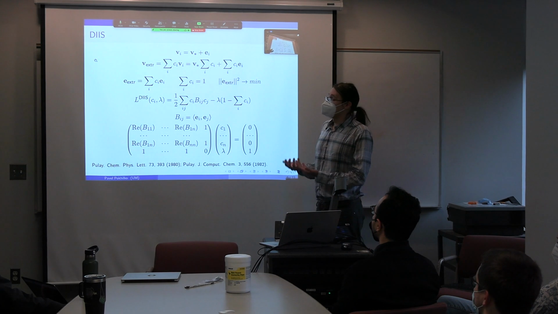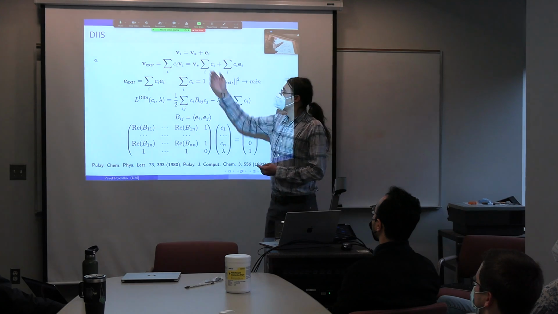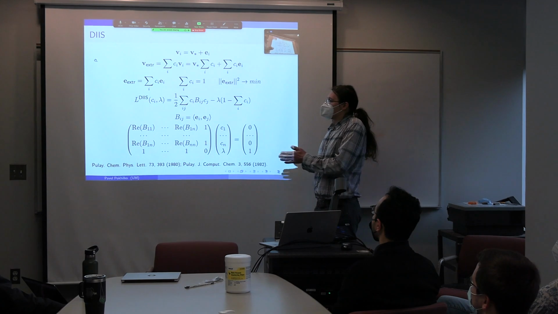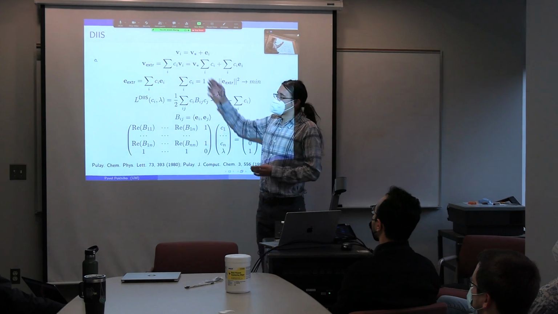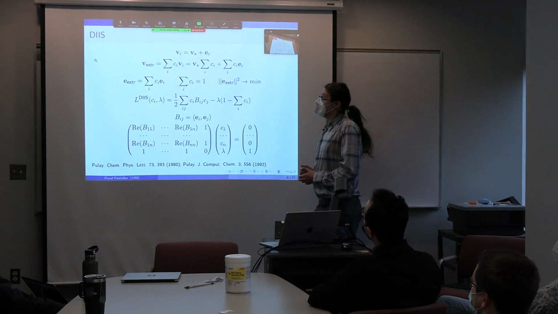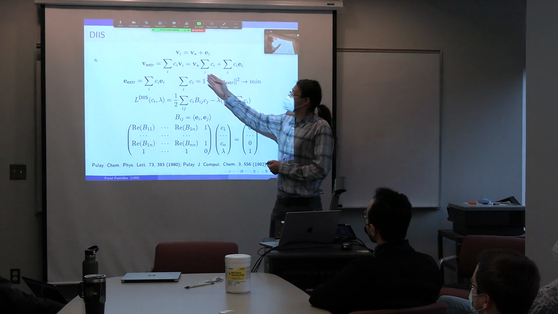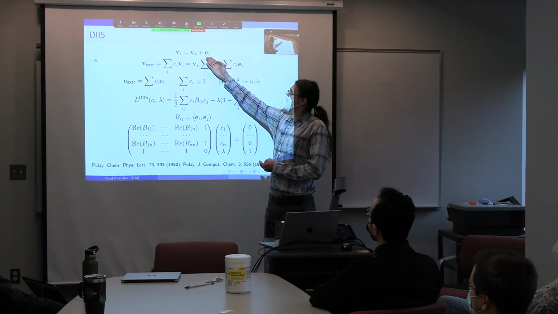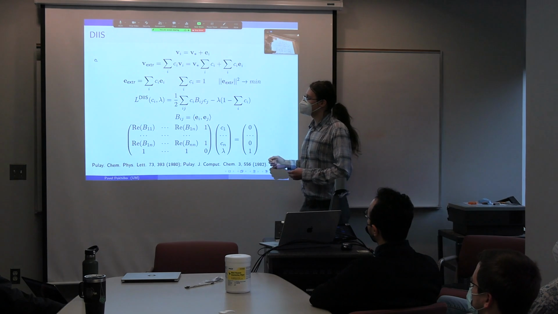So in DIIS, we have a sequence of vectors, Vi, that converge to some target vector V star, which we interpret as a solution. We can always write the vectors Vi as a final vector V star plus the error Ei.